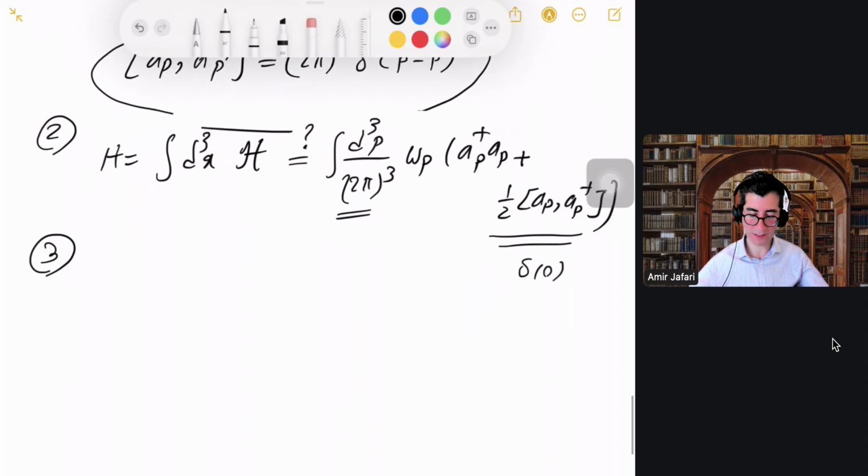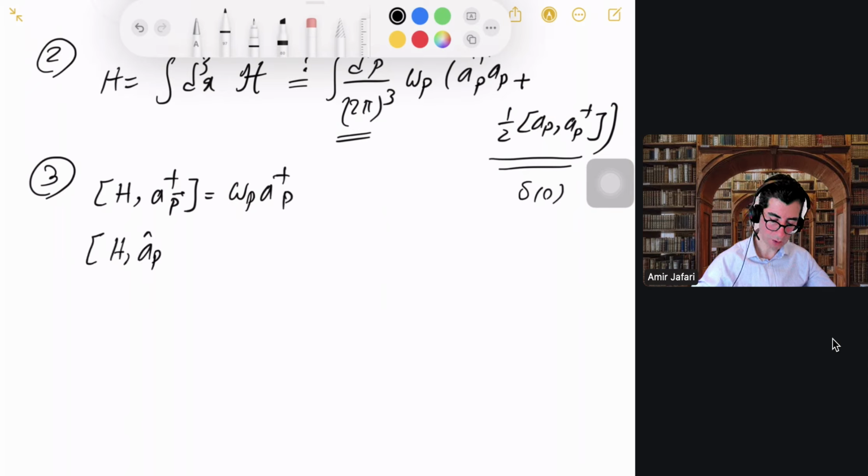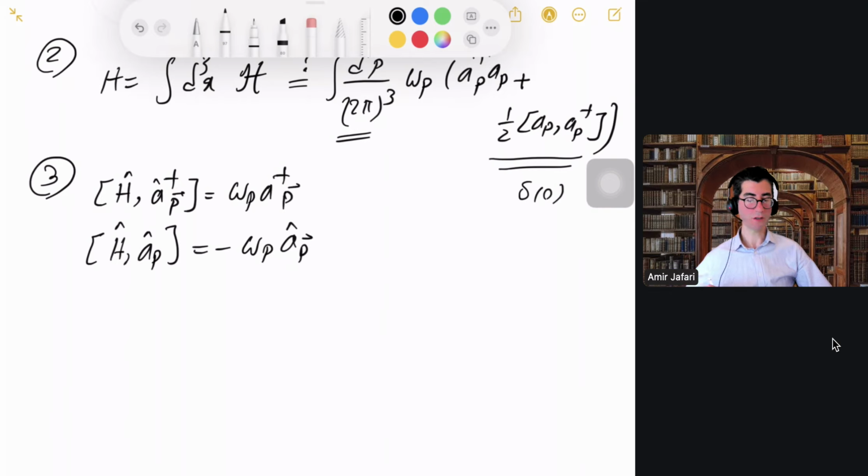It's just a simple calculation to show also that H, the Hamiltonian, not the Hamiltonian density, with a dagger, the creation operator, is omega_p a dagger_p, and also H with a_p, the annihilation operator, is minus omega_p a_p. Remember, all these are operators. And this is the third calculation I encourage you to do.